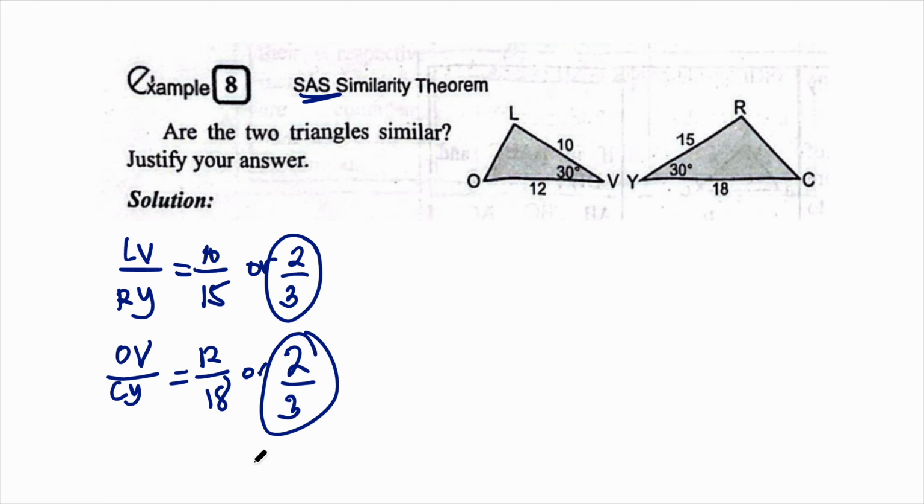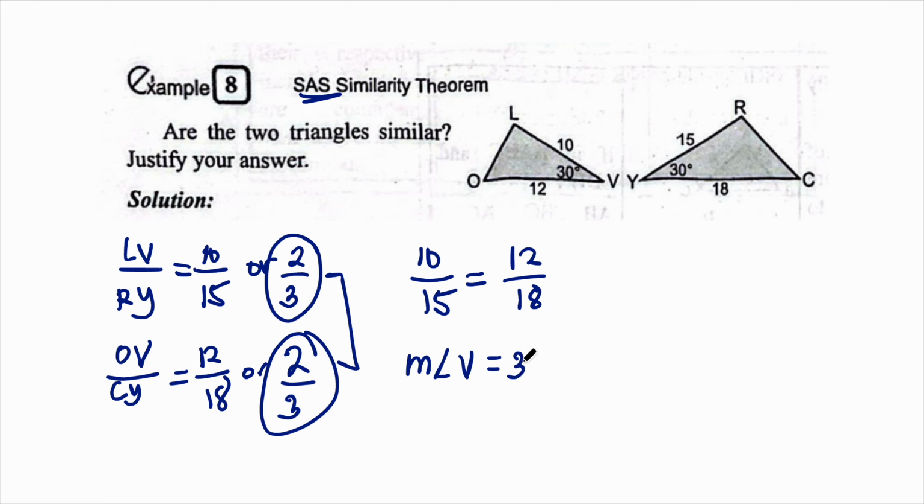Okay? So two pairs of corresponding sides are proportional. Then we have 10 over 15, okay? So 10 over 15 is equal to 12 over 18. Now, for us to justify our answers, we have the measurement of angle V, which is 30.